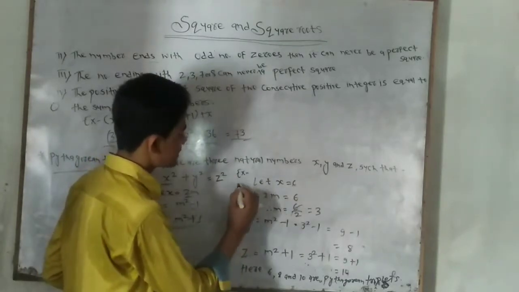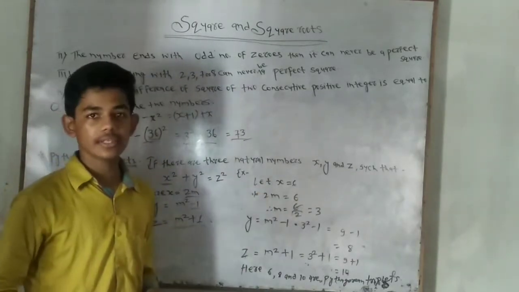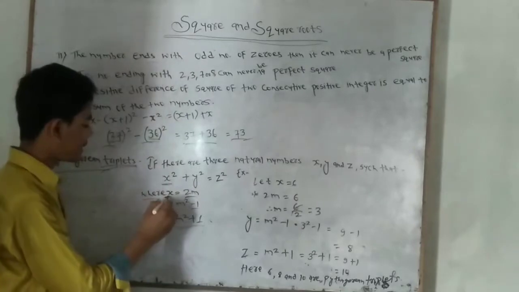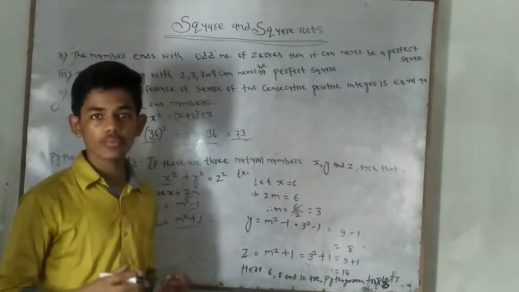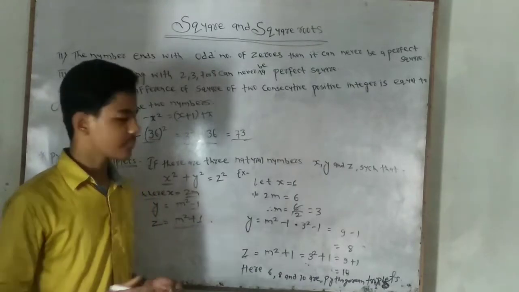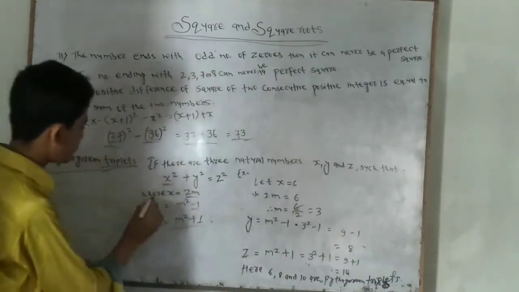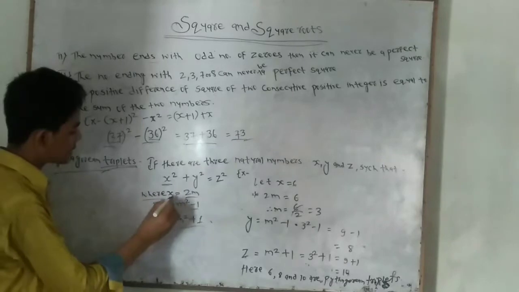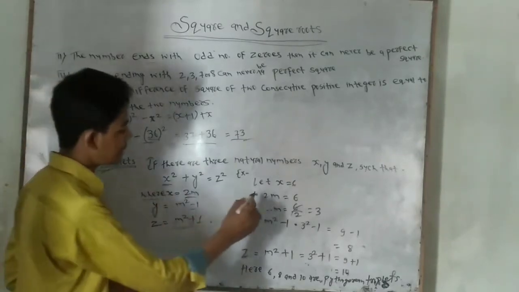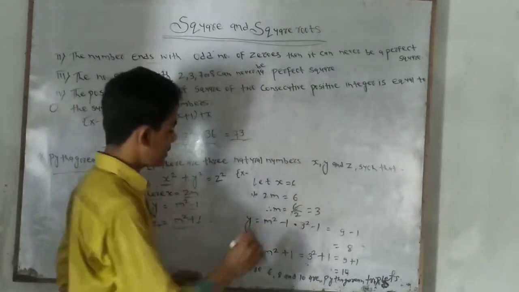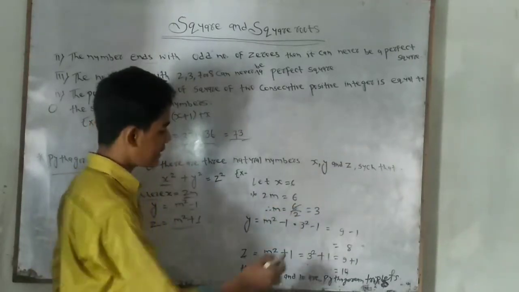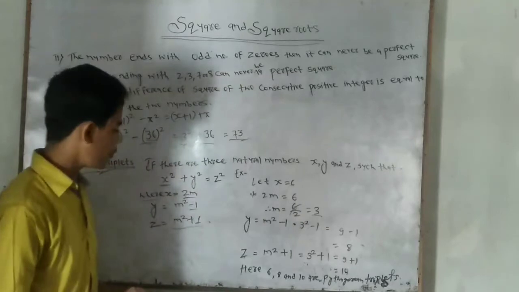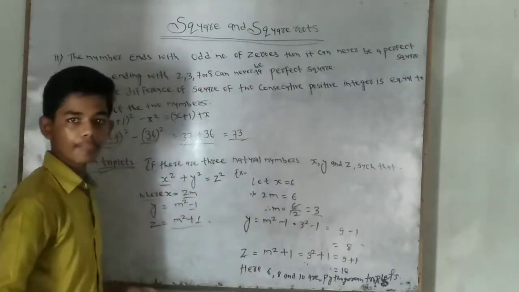Now an example: let x be equal to 6, so in place of x we put 6. We have x equal to 2m, then 2m is equal to 6. Therefore, to find the value of m, 6 is divided by 2 and the result is 3.